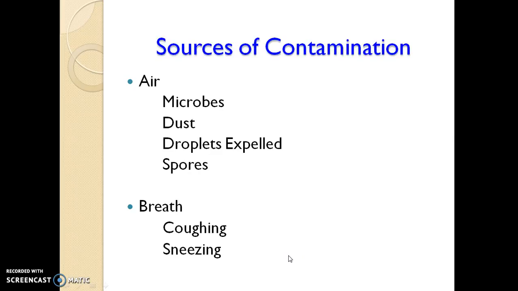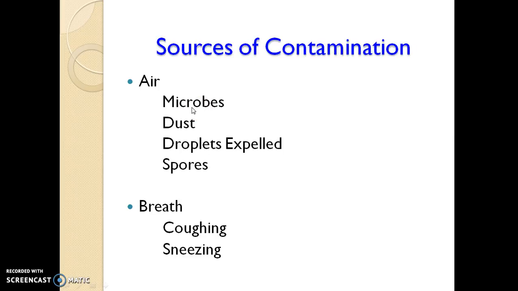Now there are many sources of contamination which affect the working in aseptic area, and we will discuss all these one by one. First and foremost source is air. Air contains microbes, dust, droplets expelled from our mouth, and many spores.